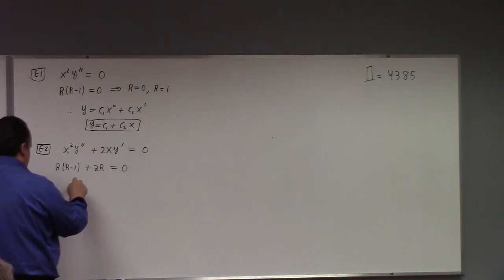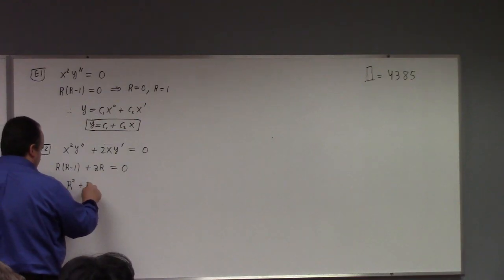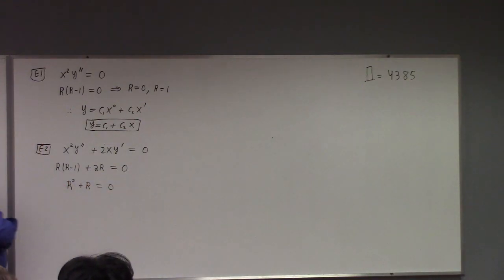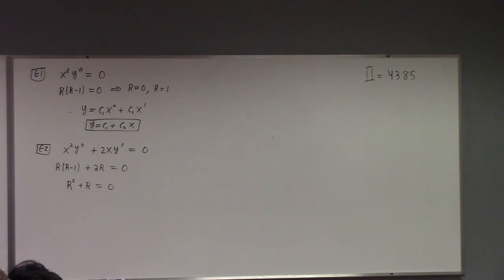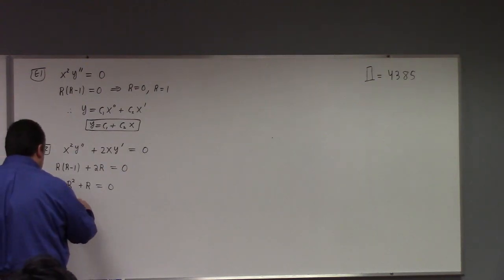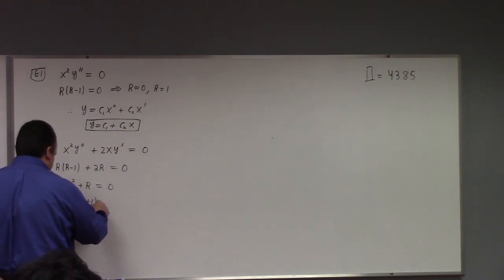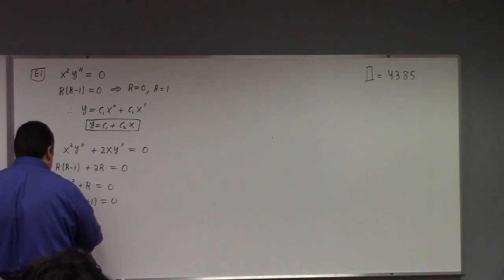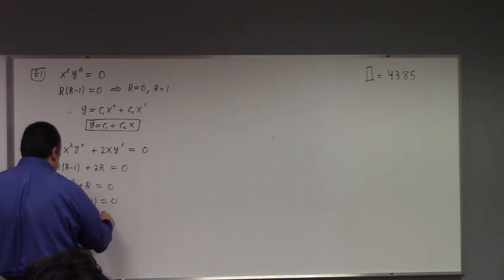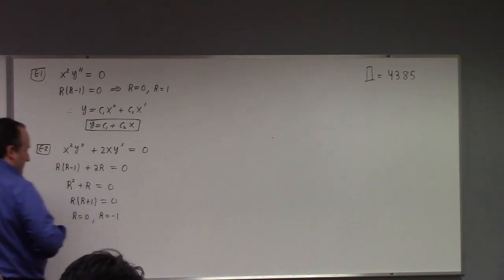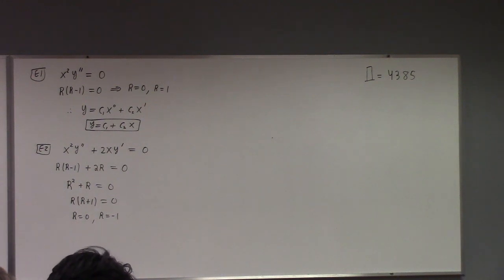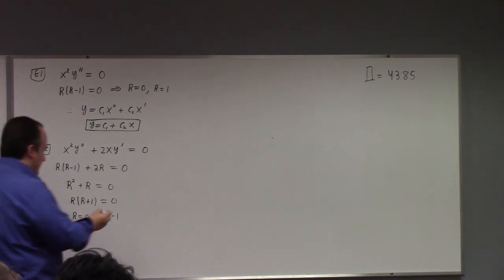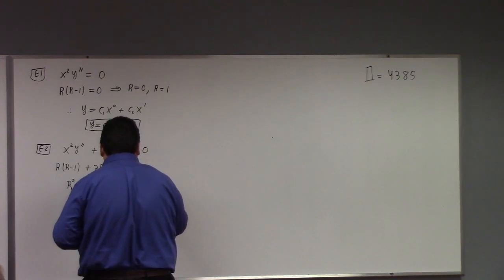So this gives me r squared plus r equals 0, right? This is kind of the same example almost, but it's actually really different, right? Because here we've got characteristic values 0 and minus 1, right? And this solution I'm about to write down is something we would not have seen before.